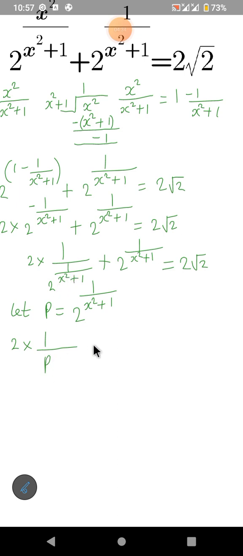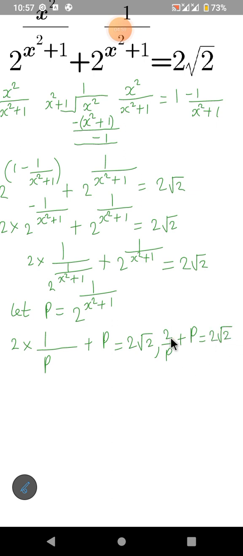So p plus this is also p, all equal to 2 root 2. Then 2 multiplied by 1 here, so we have 2 all over p plus this p here equal to 2 root 2.